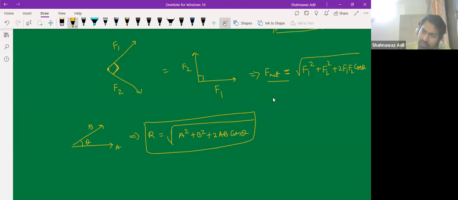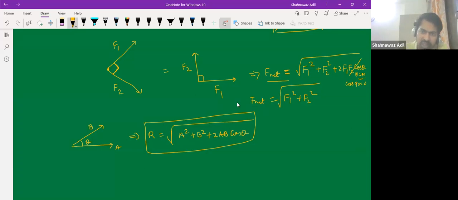What is the angle between F1 and F2? It is 90, so this becomes 0 because cos 90 is 0. So this is cancelled. So F net would be F1 square plus F2 square. So that would be the result.